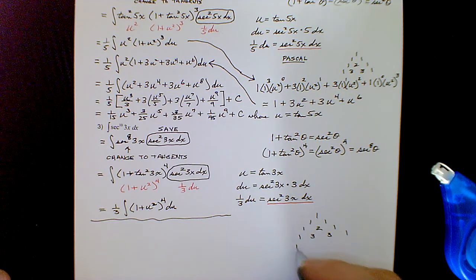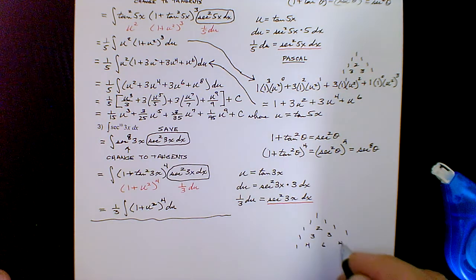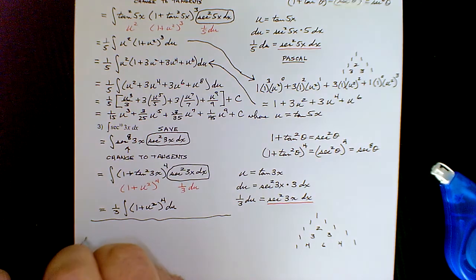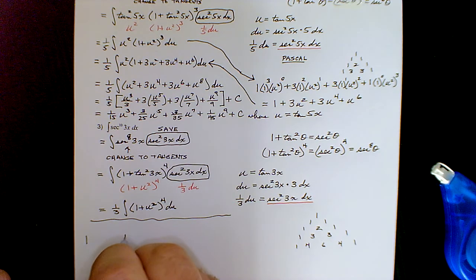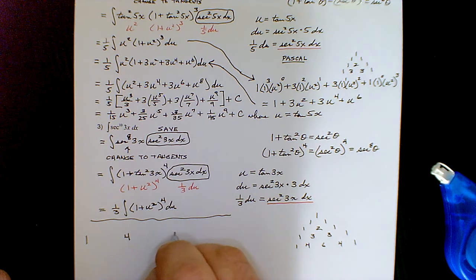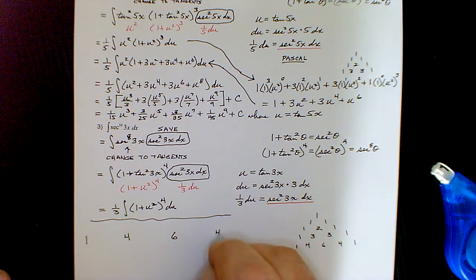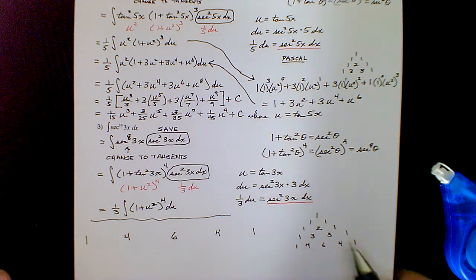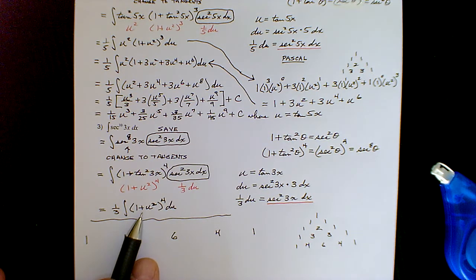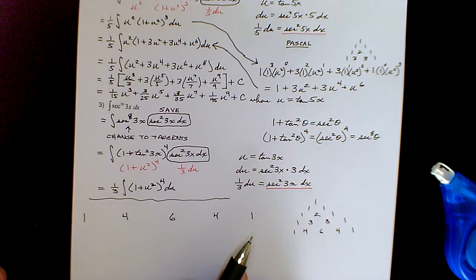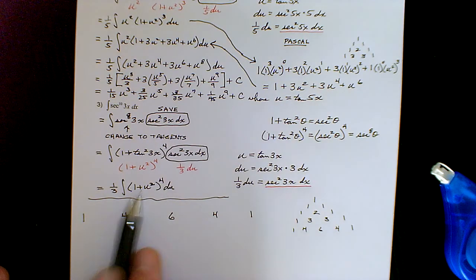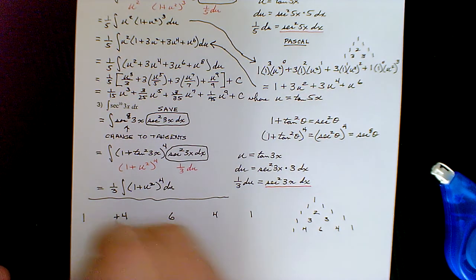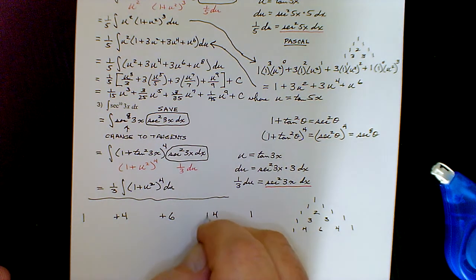You don't have to generate the triangle every time. Spread out the coefficients, 1, 4, 6, 4, and 1. And again, you have 2 choices, either all positive or they alternate in terms of the signs of the terms in the expansion. And if it's a sum in the binomial, they're all positive.